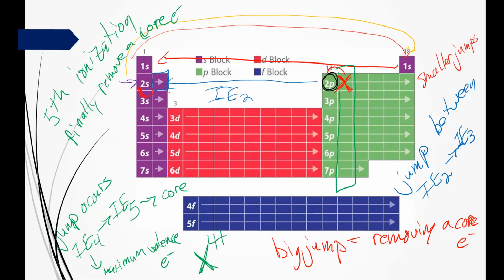So if the jump is between the ionization energy of number 2 and the ionization energy of number 3, how many valence electrons can we have? What do you guys think? So I'm going to give you some numbers and we can kind of see.